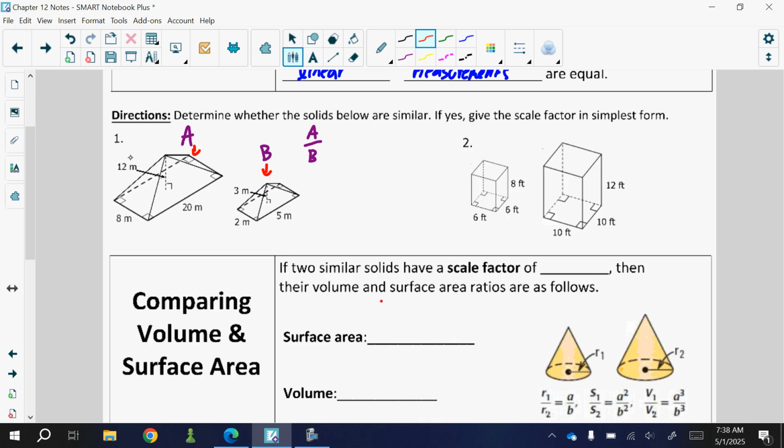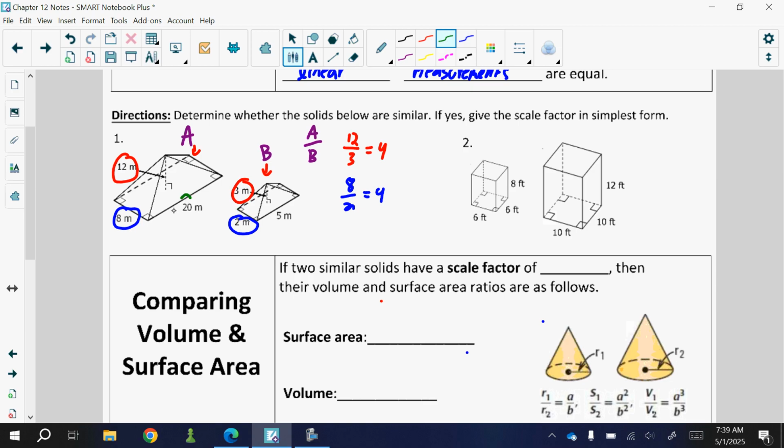So first, clearly these two are corresponding sides. They're both height. So let me do 12 over 3. That's 4. Now I'm looking at the base. Well, 2 is my smaller number between 2 and 5. 8 is my smaller number between 8 and 20. So now I do 8 over 2. That's 4.